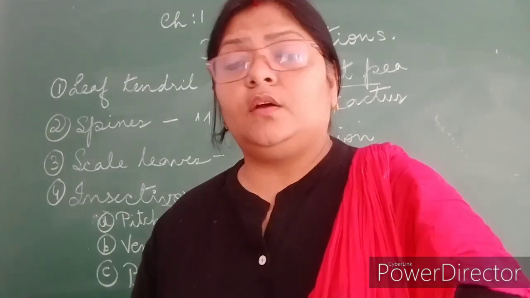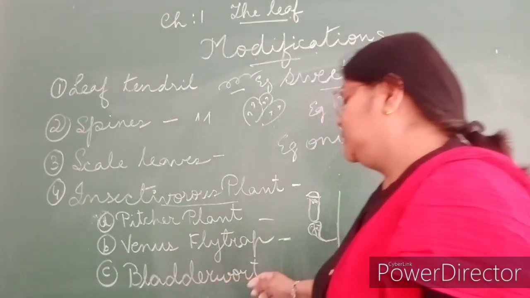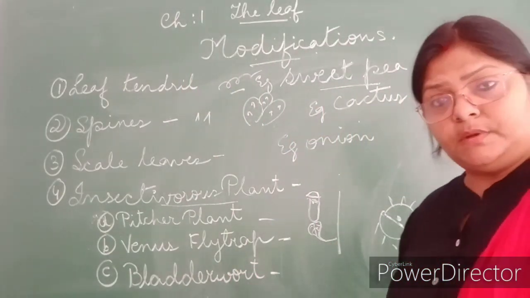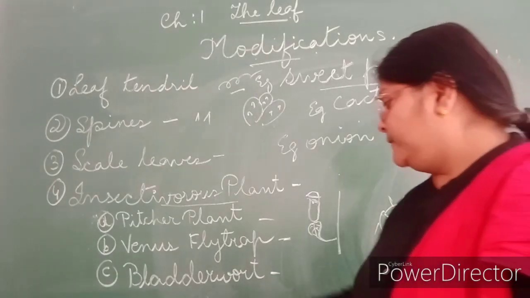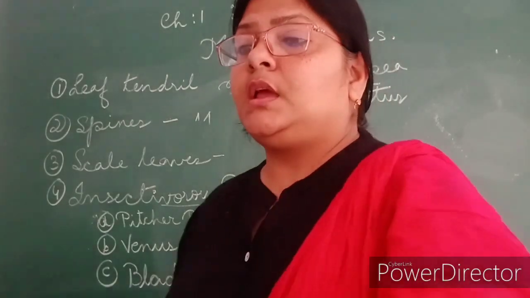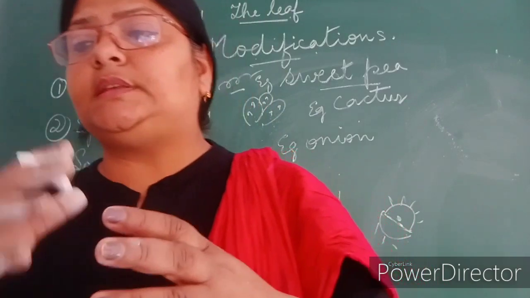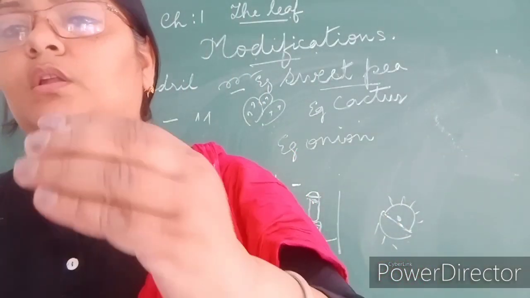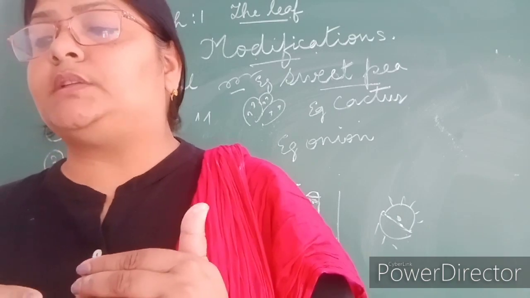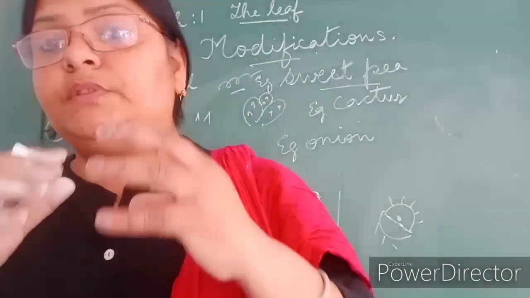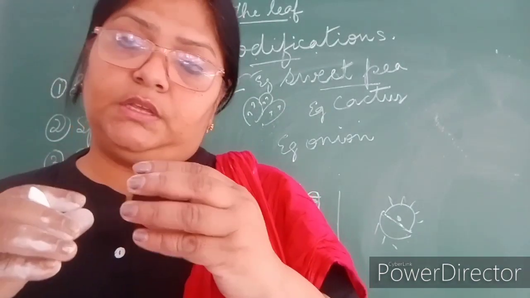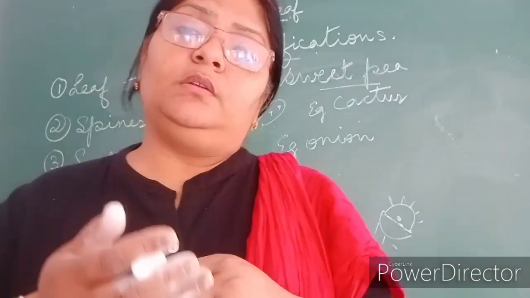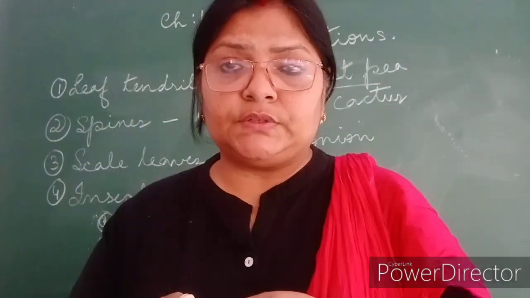Now another insectivorous plant is bladderwort. This bladderwort plant has very highly segmented leaves, that is, small parts of the leaves. Some of these parts of the leaves are modified into bladders.